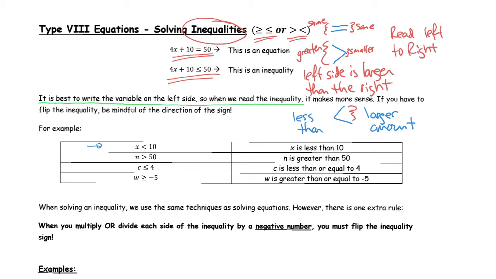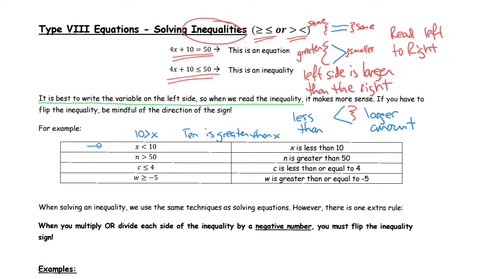However, we could have written it where 10 is greater than x, and that says exactly the same thing. They're identical to each other. All I've done is flip the whole expression around, but the relationship it's stating is the same.